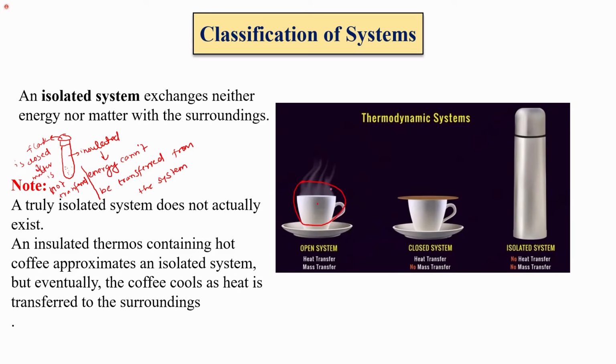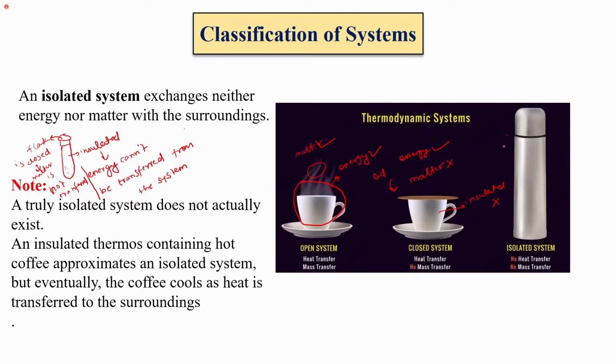The tea is hot, so energy is getting exchanged with the surrounding, and as there is no lid, the matter is also getting exchanged with the surrounding. If we put a lid on your cup of tea, energy is still getting exchanged, as this is not an insulated wall, but matter cannot be exchanged.